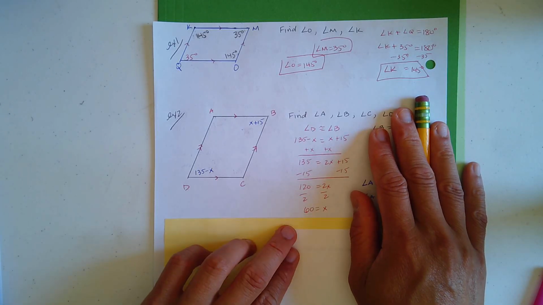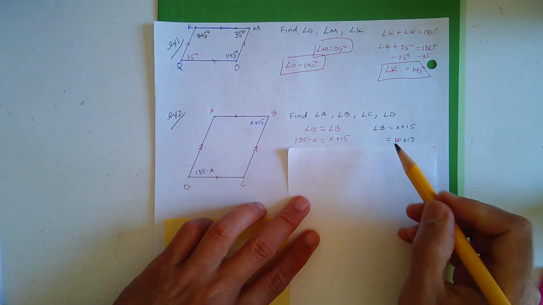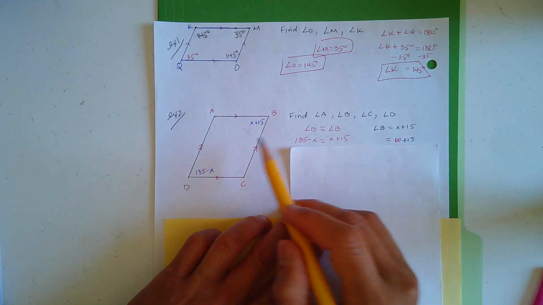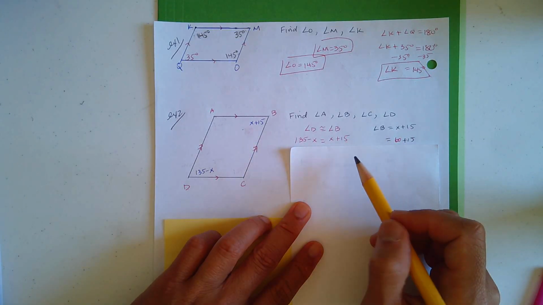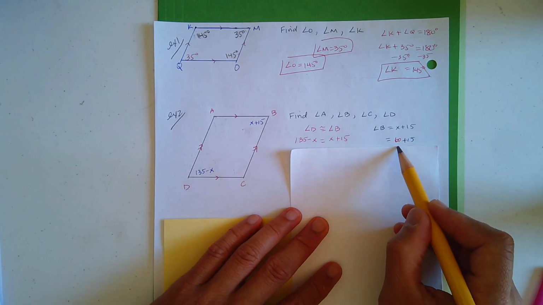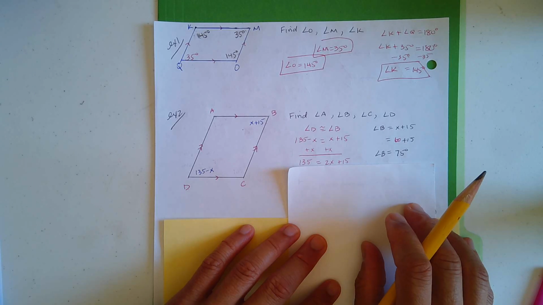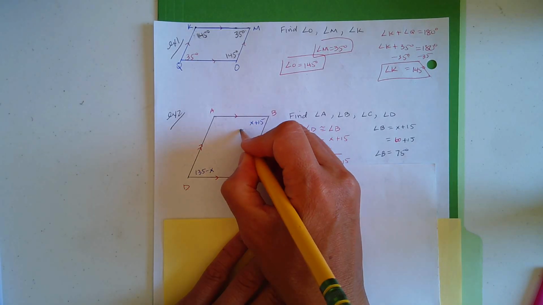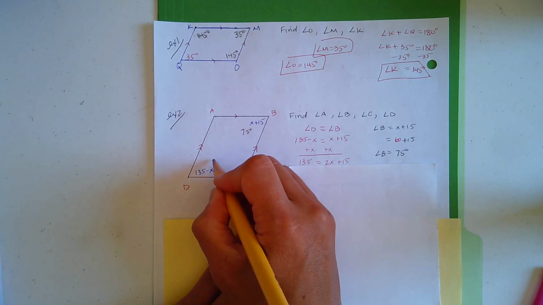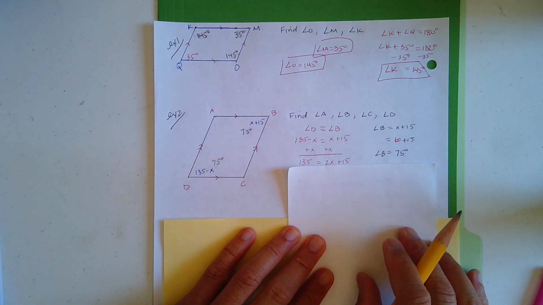So we found x, but they want us to find the angle measures. Well, we know angle B is x plus 15. We know x is 60, so substitute 60 for x. Angle B is 75 degrees. So if this is 75 degrees, I know angle D is also 75 degrees because opposite angles are congruent.